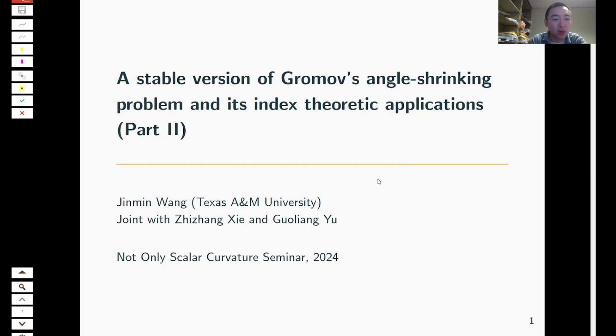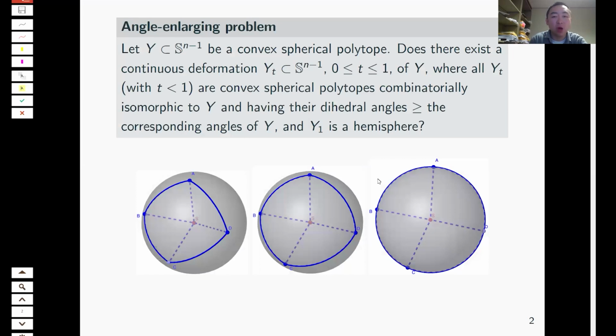In the second part, I will explain more details for this angle shrinking problem, as well as index theoretic applications. First, let me quickly recall that in this talk I will mostly focus on the angle enlargement problem we used throughout our proof. Here, angle enlarging means that we have a convex spherical polytope, call it Y, and we want to find a deformation of Y such that along the deformation, the dihedral angles become bigger than the original Y, and eventually it becomes a hemisphere.